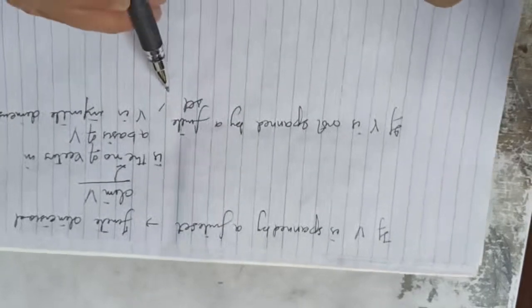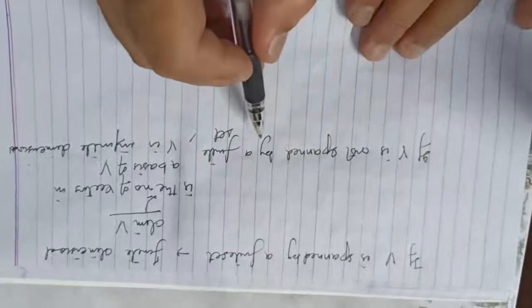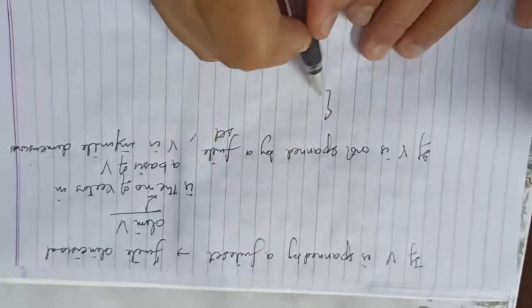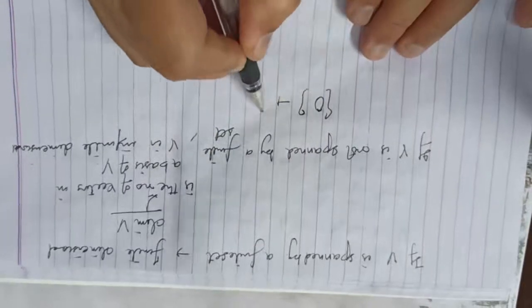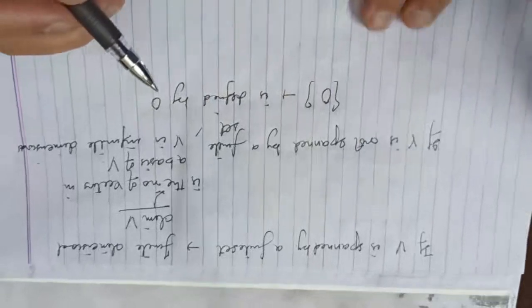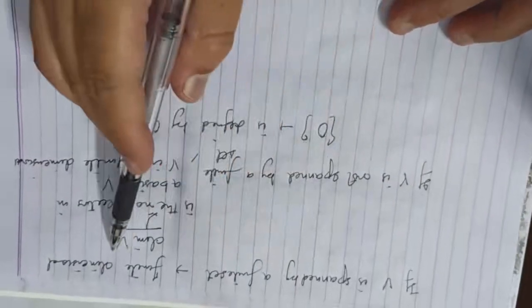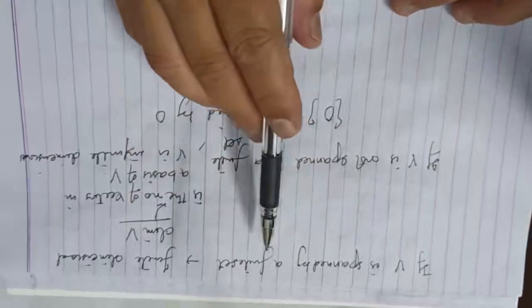The only explicit thing you need to know is that the zero vector space has dimension zero. So the zero space is defined by dimension 0.